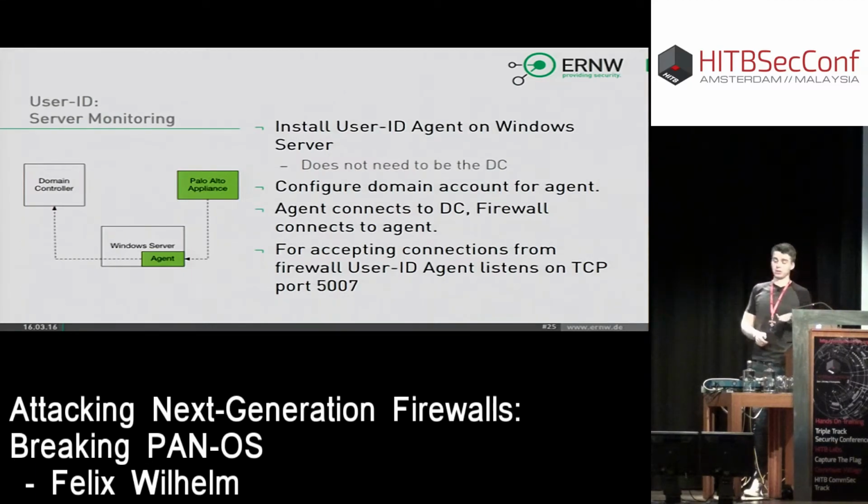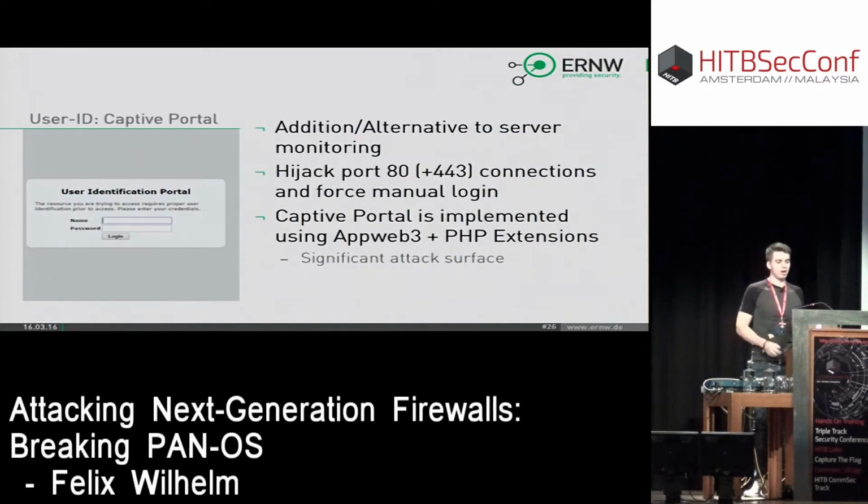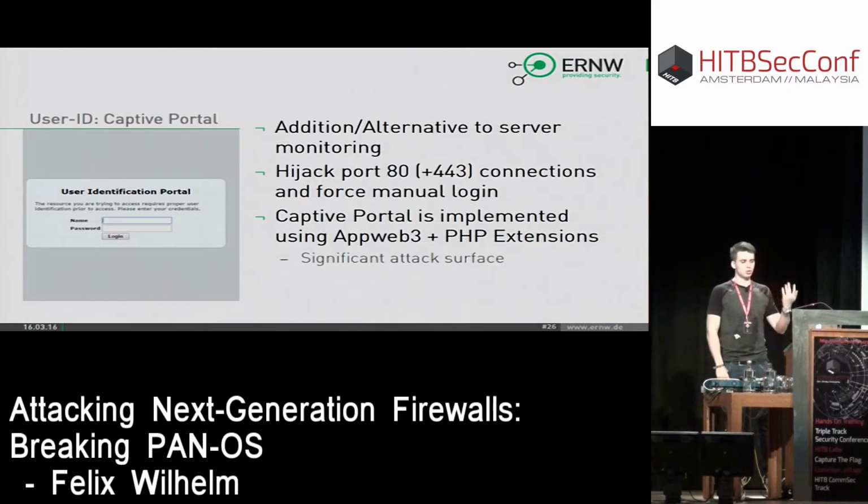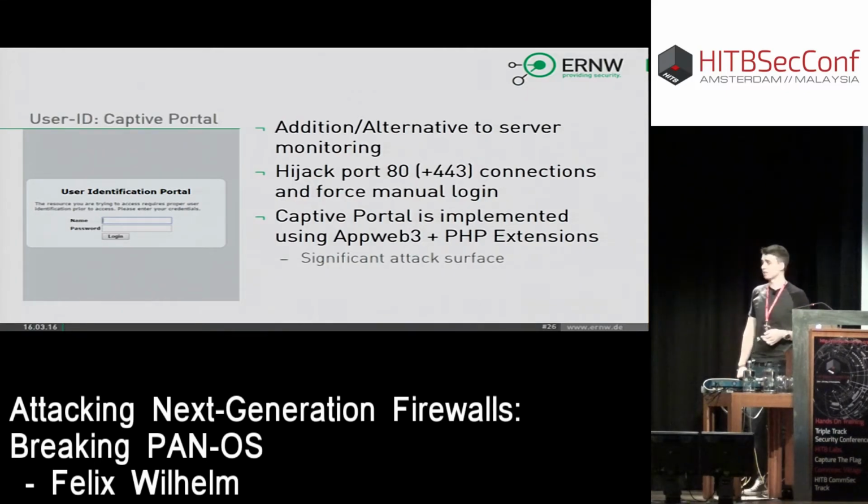The third way you can implement this User-ID feature is the so-called captive portal. And this is an addition or an alternative to server monitoring. The idea is the appliance looks for connections to port 80, or to port 443 if SSL interception is enabled. And if they see such a connection, they just pop up this captive portal web page and force a manual login.